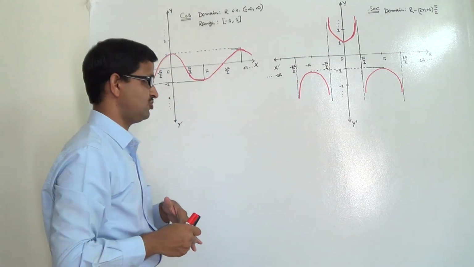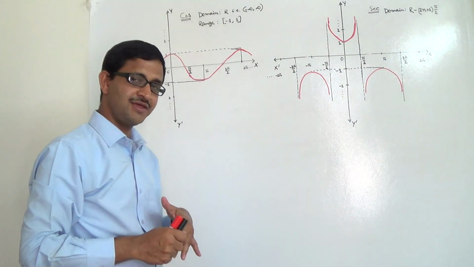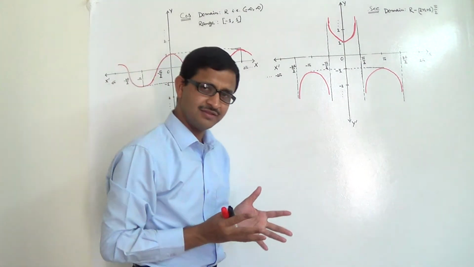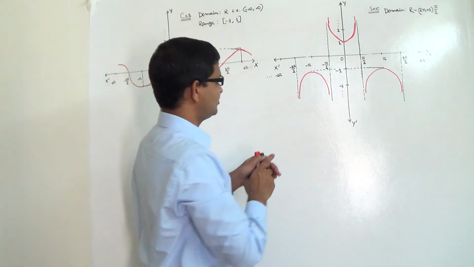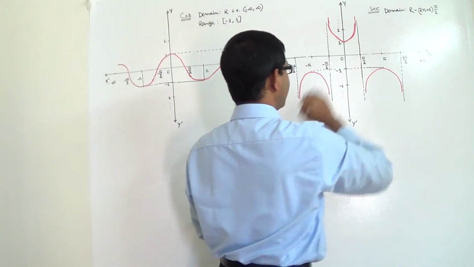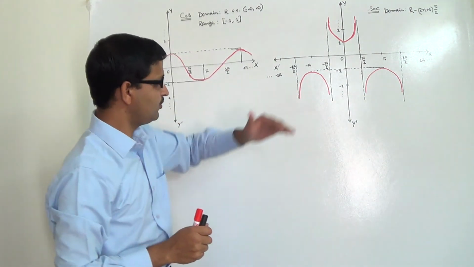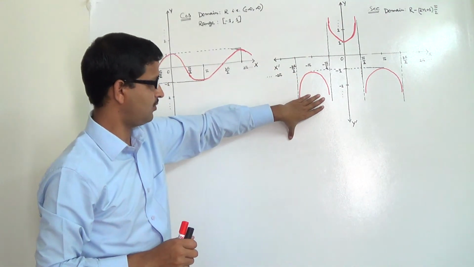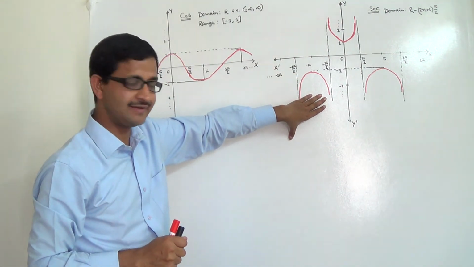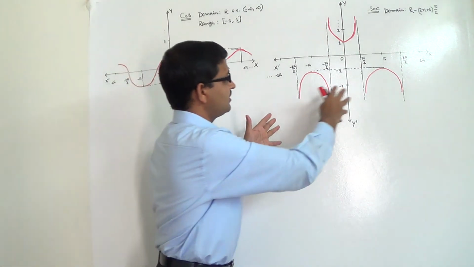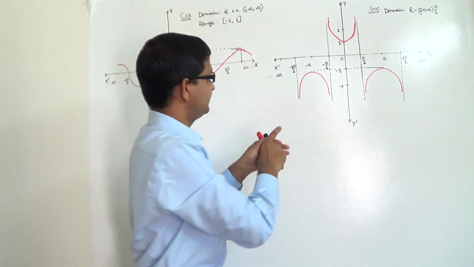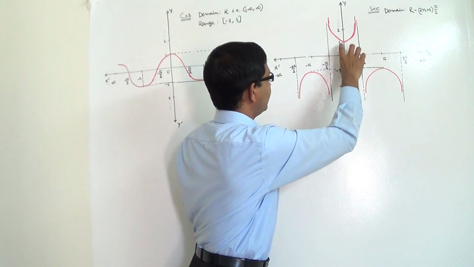And what is the range? For the range, we see that it is any real number except the values between minus 1 and plus 1. If you look at this curve that I have drawn in red color, it covers all the points except any point between minus 1 and plus 1.